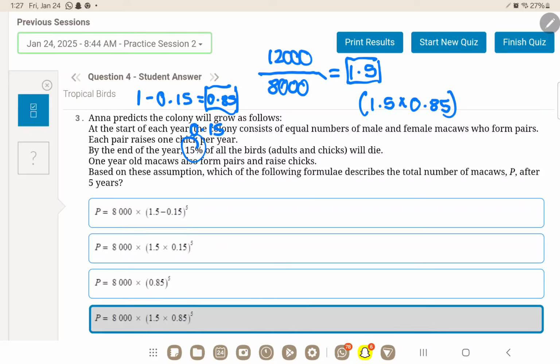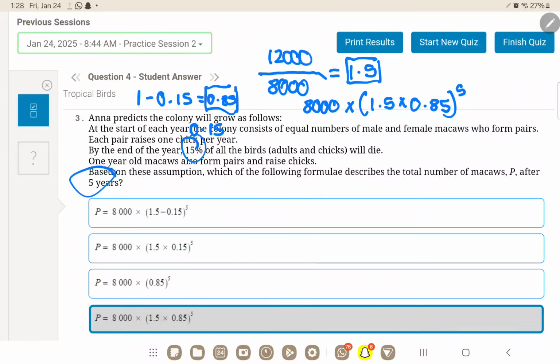Now you want it over 5 years. Since it's over 5 years, the years is going to be your exponent. This is your probability for survival chance. And we have to multiply it by how many macaws we start off each year with, which is 8,000.